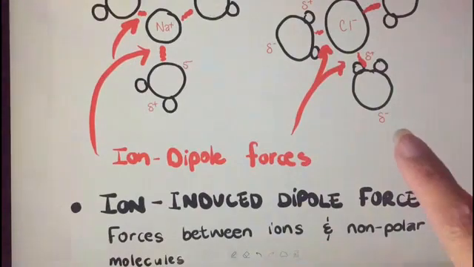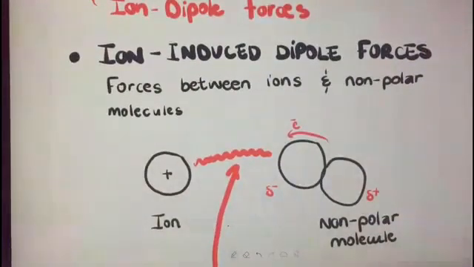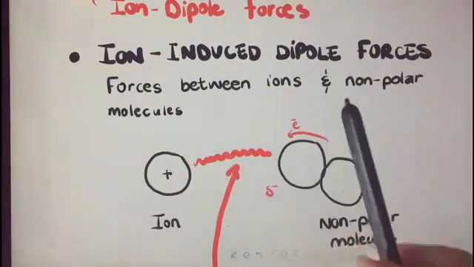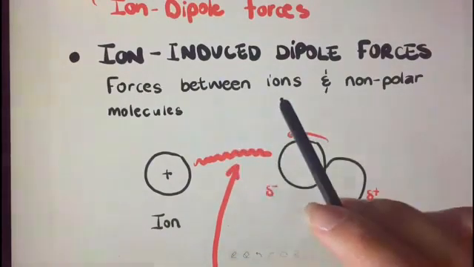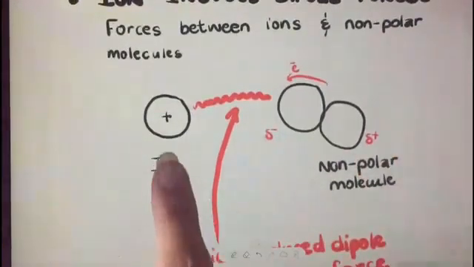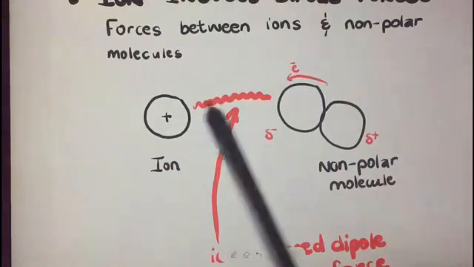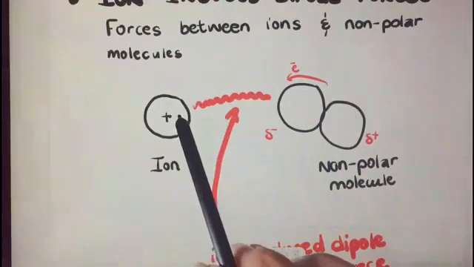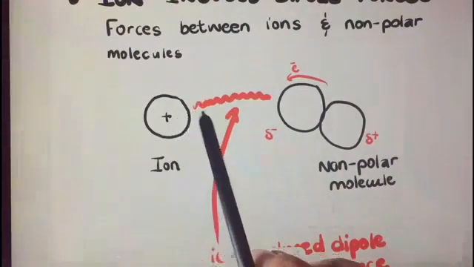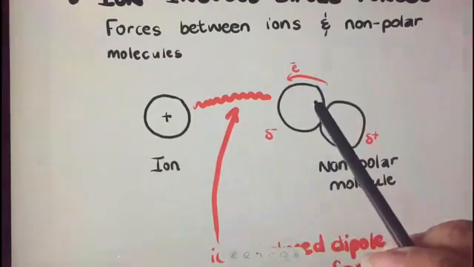Right, then the next type, as you can see, we've got ion-induced dipole forces. So what have we got here? We've got the forces between ions and non-polar molecules. So here, I've got a positively charged ion, I've got a non-polar molecule, but the positively charged ion can attract the electrons and they move to the one side.